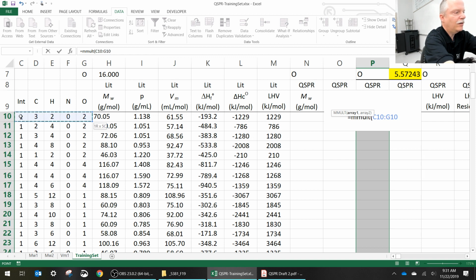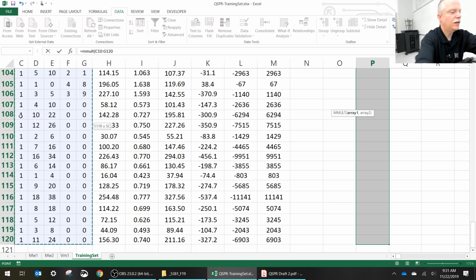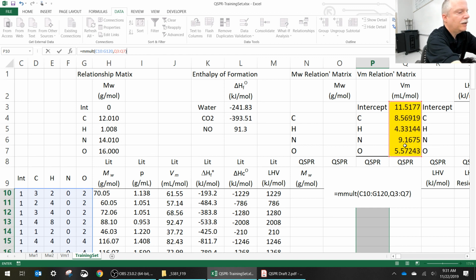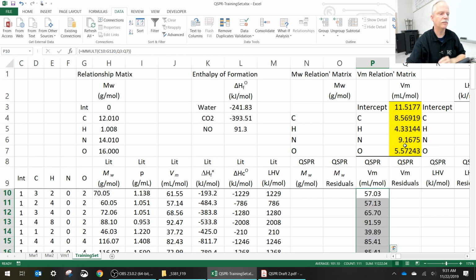Right arrow, Control Shift Down, comma. And then come up to the top. Grab the relationship matrix, close parenthesis, Control Shift Enter.